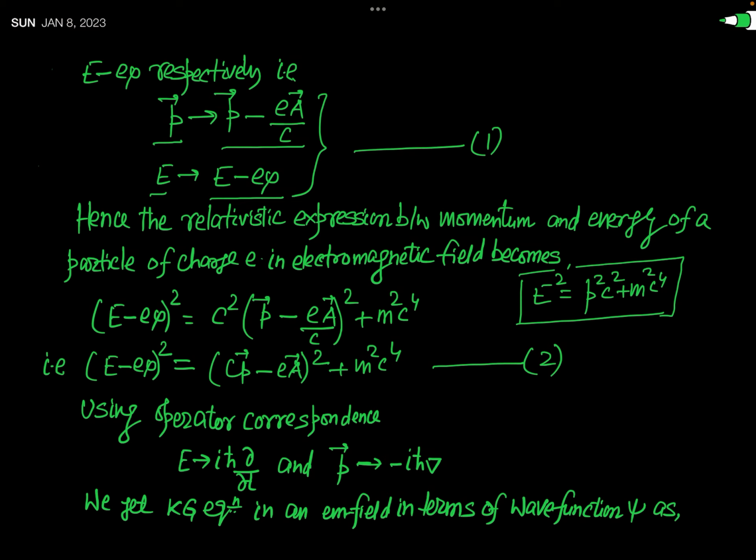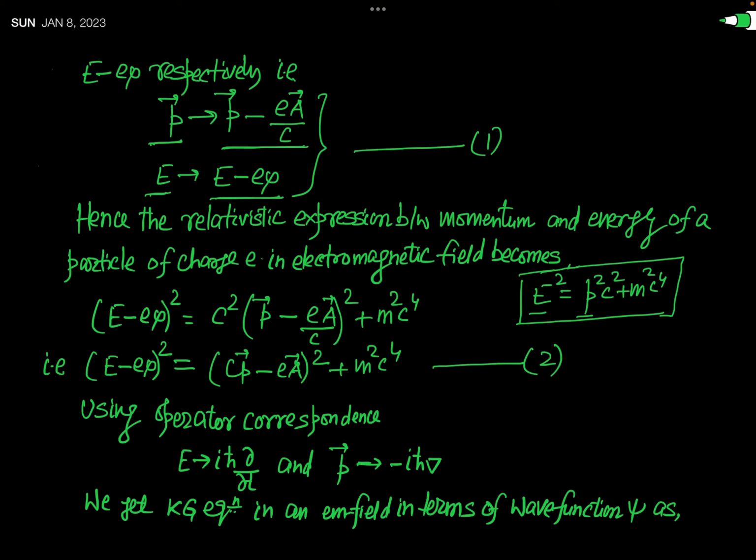So this is the expression for the relation between the energy E and momentum P of a particle in relativistic motion. Now, since our particle here is in an electromagnetic field, the momentum of the particle will not be P, but it will be P minus eA over c, and its energy is not now E, but it is E minus e phi.